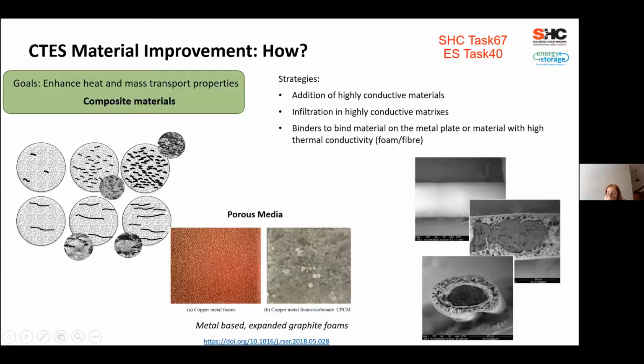This can be, for example, expanded graphite in a PCM, or infiltrate the material in a porous media with a high thermal conductivity, for example, metal-based or expanded graphite foams, or also synthesize directly the material into fibers, giving to the composite special thermophysical properties.